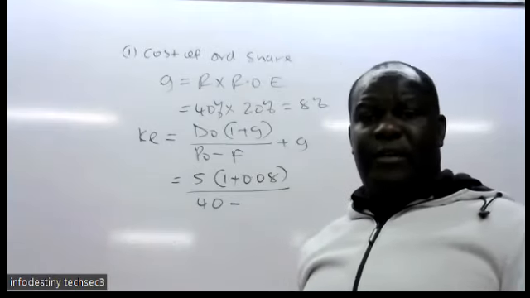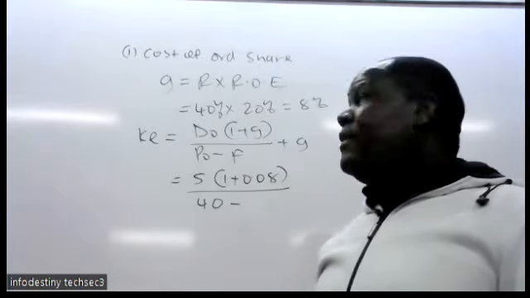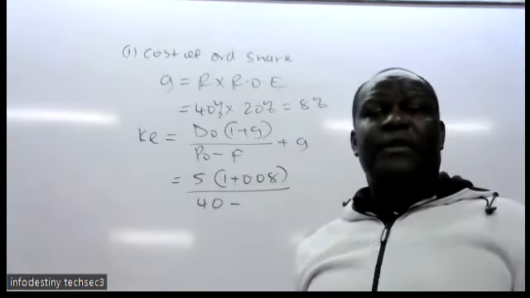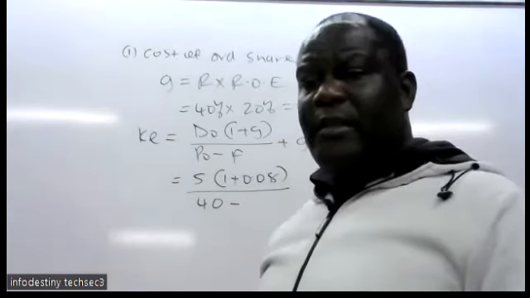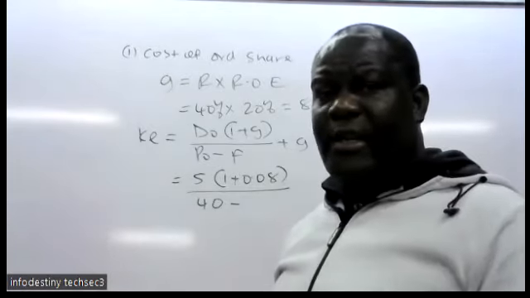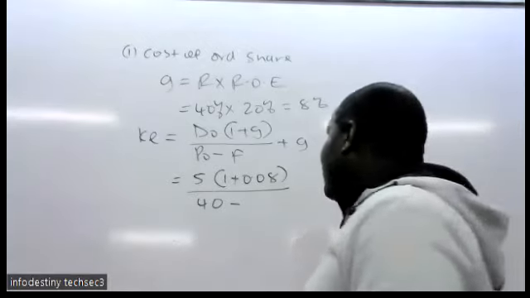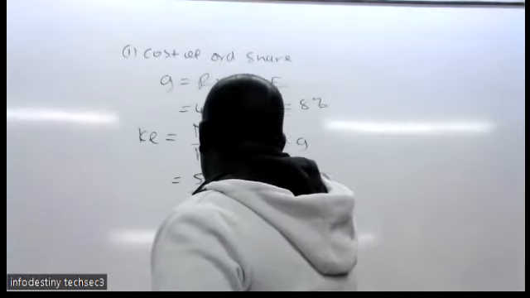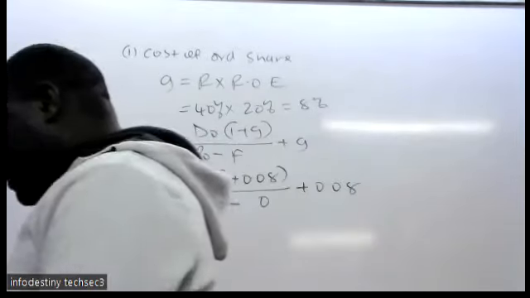To get ex-dividend, take the 45 and subtract the dividend. The dividend is 5 shillings, so we use 40. There was no flotation cost given. Then add 0.08, and express that figure as a percentage.